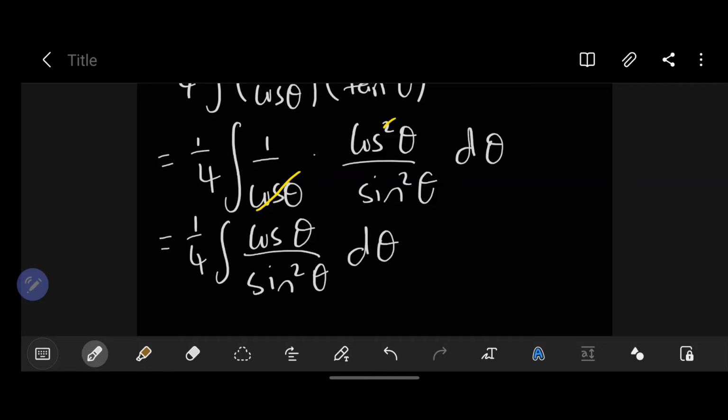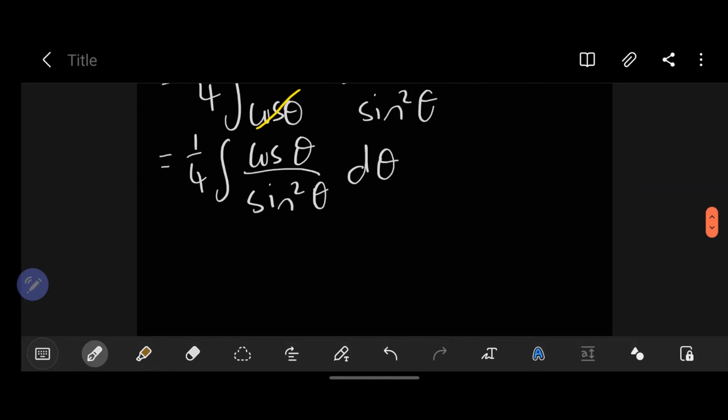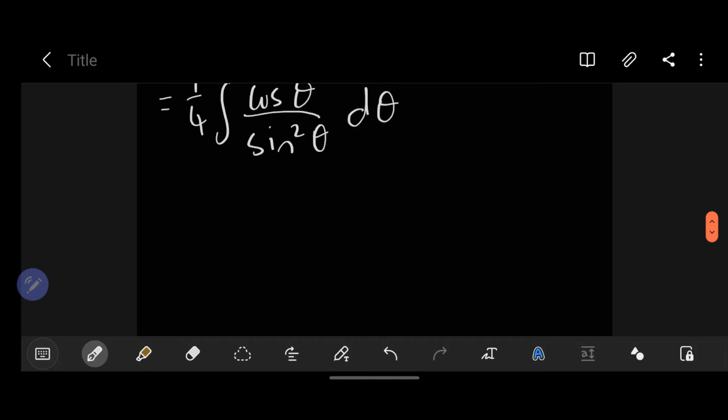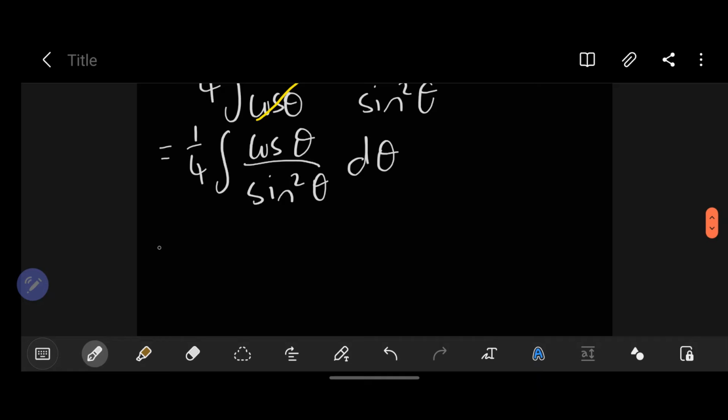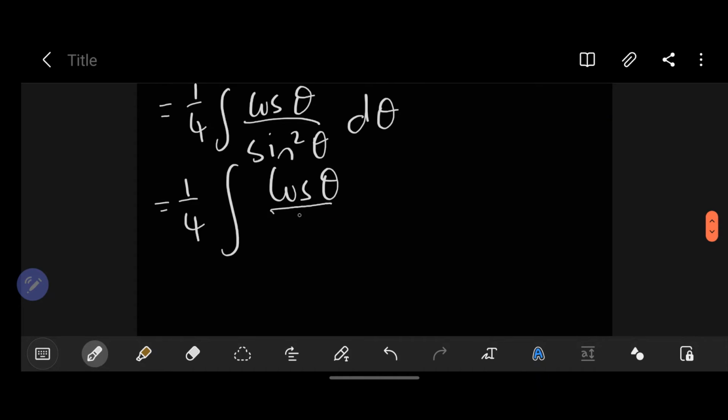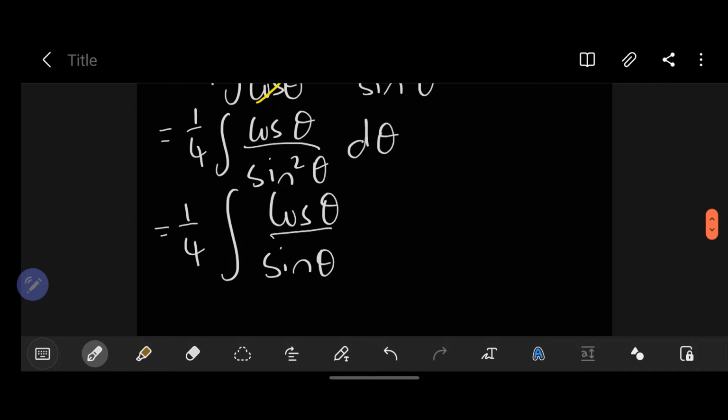So from here, we have to work a little bit of magic, and we have to do some substitution. What we're gonna do is separate these two. So we're gonna have cos theta over sine theta, then I'm gonna separate this sine theta with the other one.